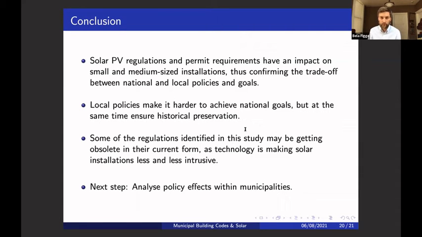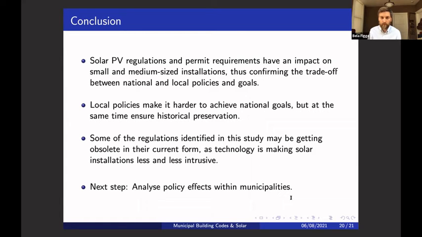For example, they ensure the historical aesthetics of many German municipalities. Of course, some of these regulations that we've identified here may be getting obsolete in the current form as manufacturers are able to make solar installations less and less intrusive.